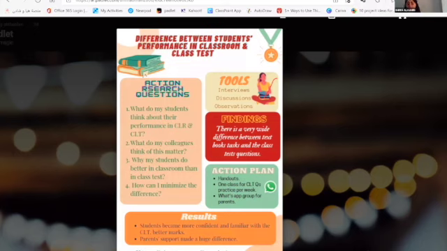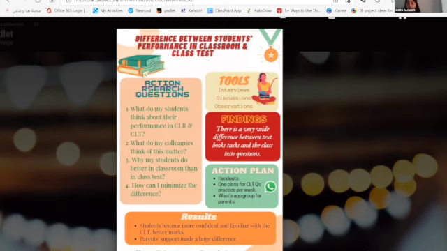Why the wide difference? So I started collecting information from my colleagues and students in and outside the school. After so many interviews and discussions, they brought my attention to many good ideas, but they all agreed on one point. What the students find in the class test is different from what they find in the textbooks concerning the tasks and the questions.